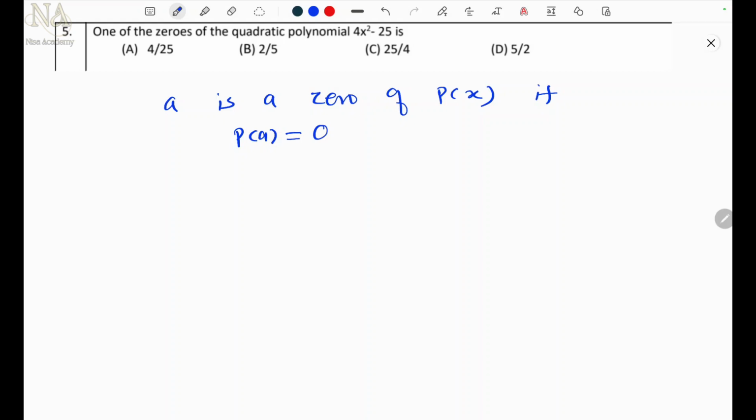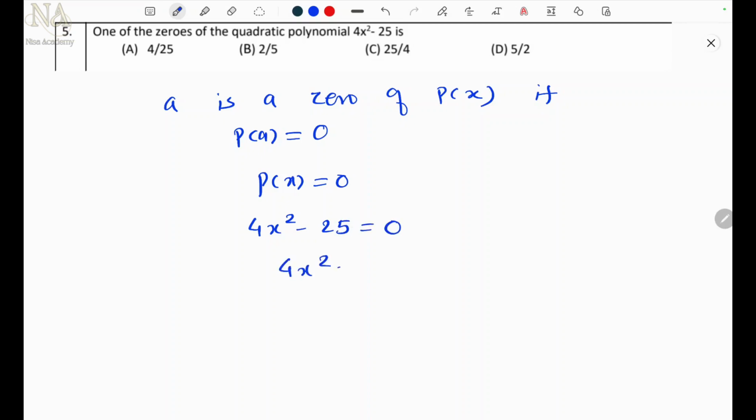Since it is a quadratic, it will have two roots, and we have to find one of them. Finding the zero of a polynomial is the same as solving the equation p(x) equal to 0. So can I say 4x square minus 25 equal to 0?